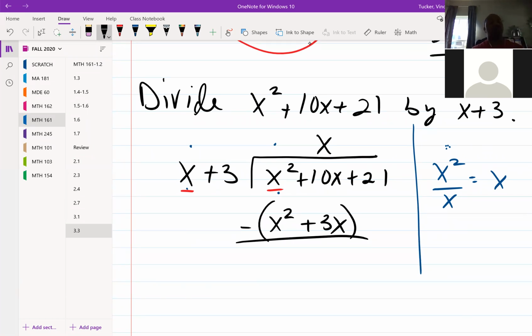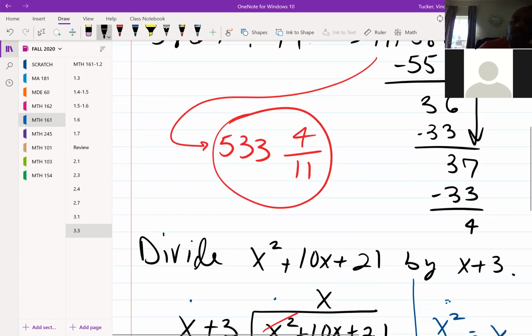So now we have to subtract each term. So x squared minus x squared will cancel. 10x minus 3x is 7x. Bring down your 21. Same process. That's what we did here, bringing down our digits.